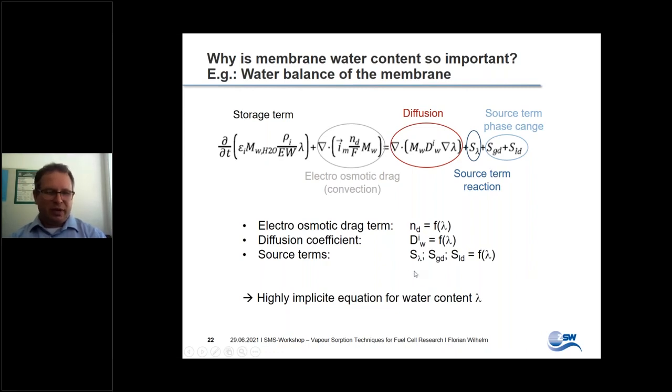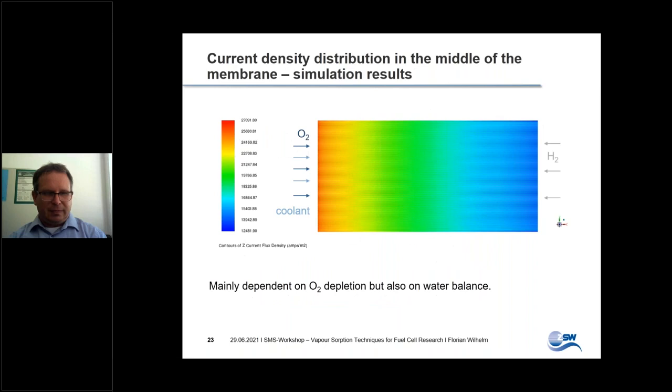This means that the whole equation is a highly implicit equation for the water content lambda. So this water content lambda is a very important property that we need to describe in a realistic way if our modeling should be successful.